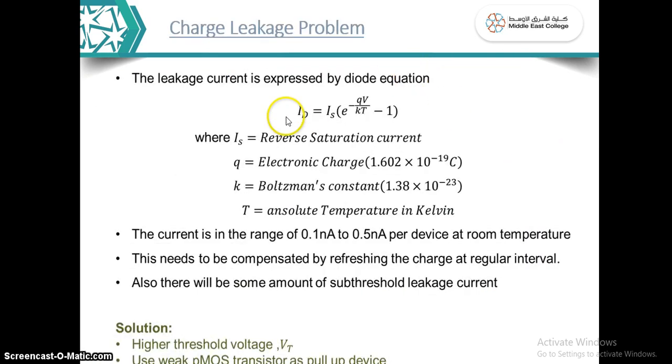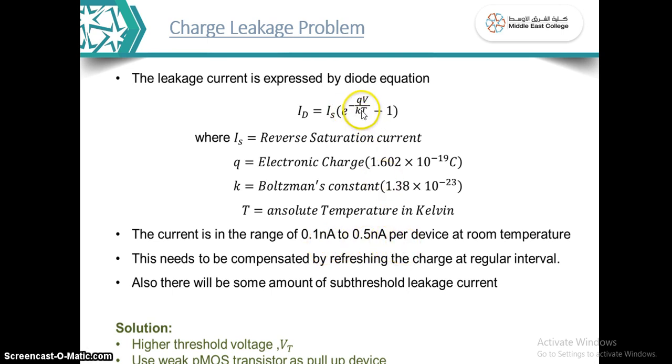The charge leakage problem we can explain by the diode equation: ID is equal to Is times e raised to QV by KT minus 1, where Q is the electronic charge, V is the applied voltage, K is the Boltzmann's constant, and T is the absolute temperature. Normally this current will be around 0.1 nanoampere to 0.5 nanoampere per device at room temperature.